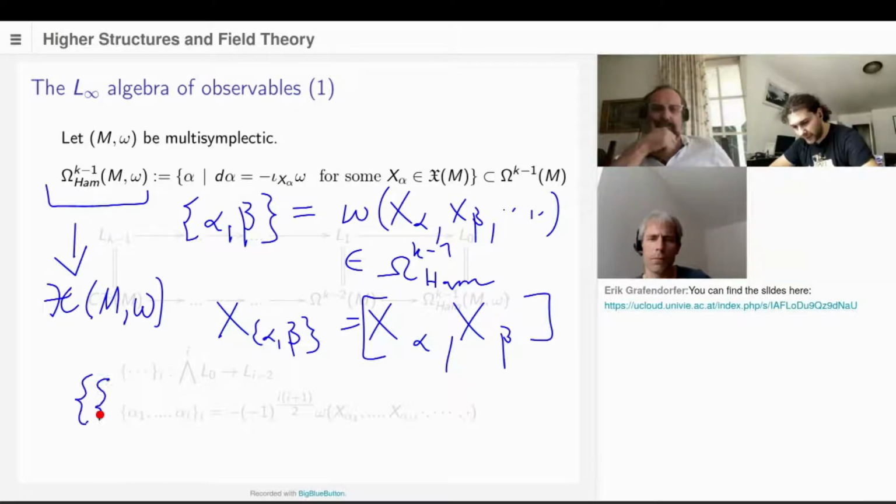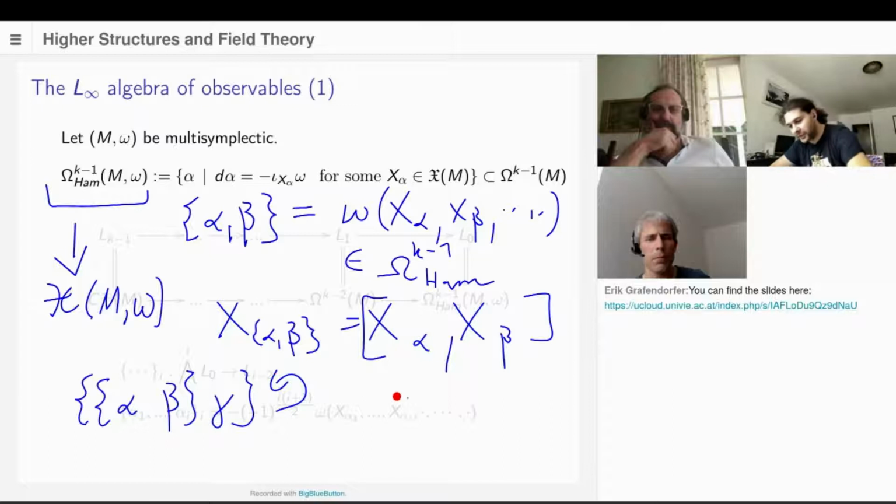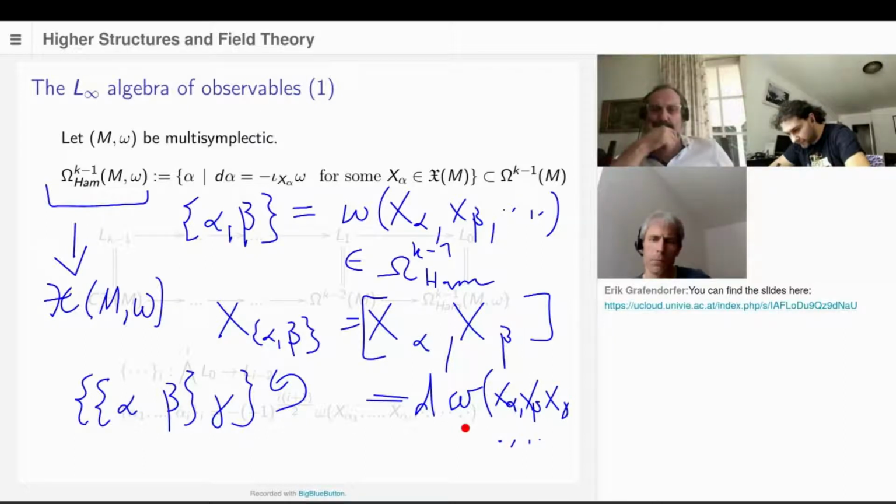So we take some elements, alpha, beta, and gamma. We calculate their brackets in all possible permutations. And what we would like to get is 0, but what we really get is d of omega of X_alpha, X_beta, X_gamma, and then the rest free.